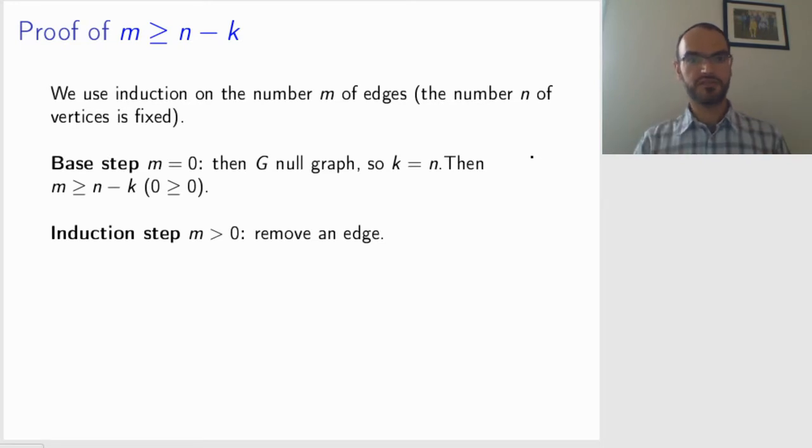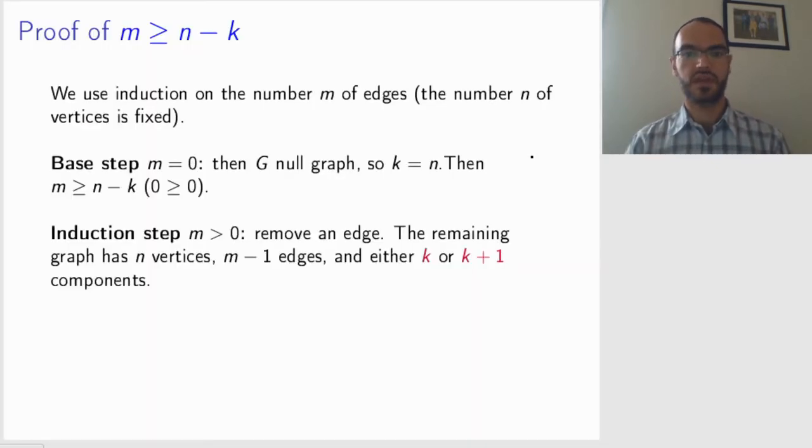Now let's go to the induction step. You have your graph with m edges, n vertices, k components. Remove an edge. What are you going to have? Well, the remaining graph still has n vertices because you didn't remove any vertex. It has m minus 1 edges because you removed one edge.